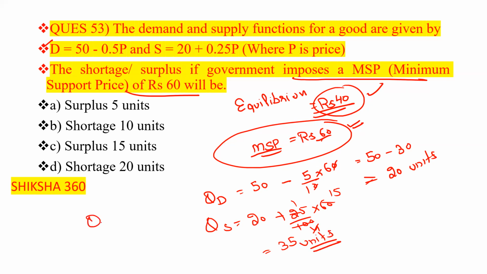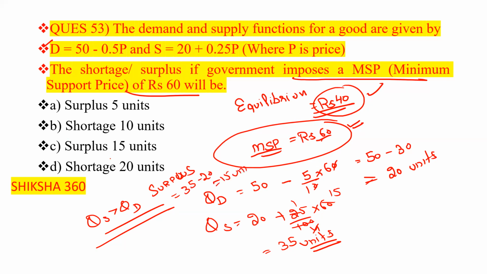So quantity supplied is more than quantity demanded. When quantity supplied is more than quantity demanded, that is known as a surplus. The surplus is the difference between both: 35 minus 20, that is 15 units.